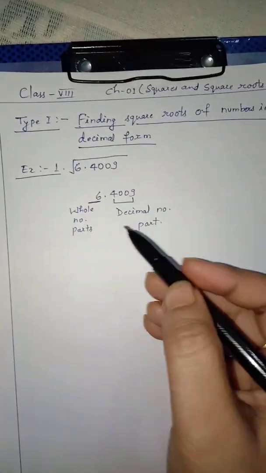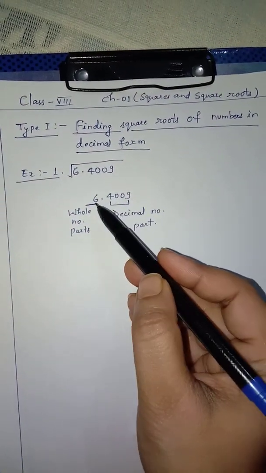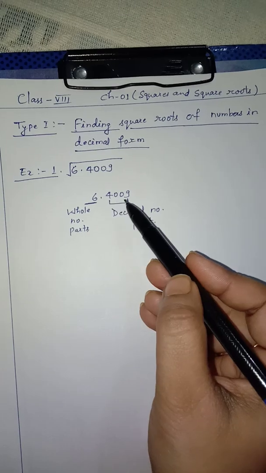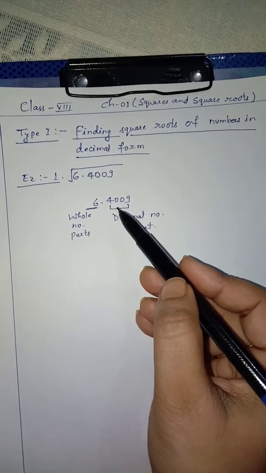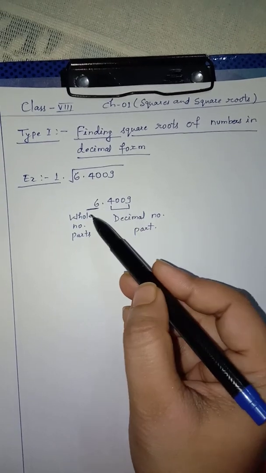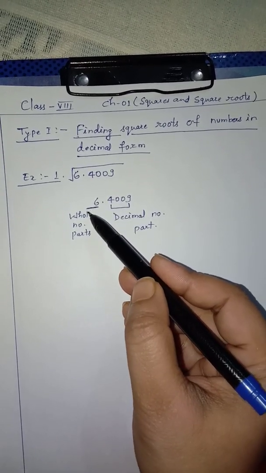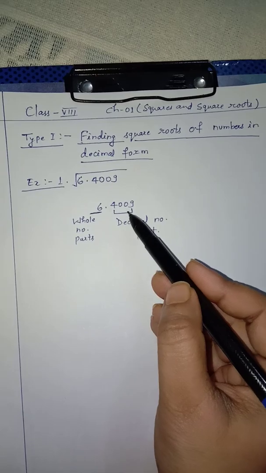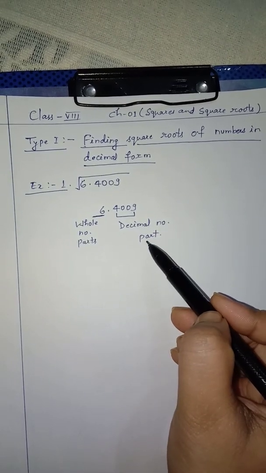So we should be clear about these parts. In decimal form, if any number exists, there are two parts: the whole number part and the decimal number part.